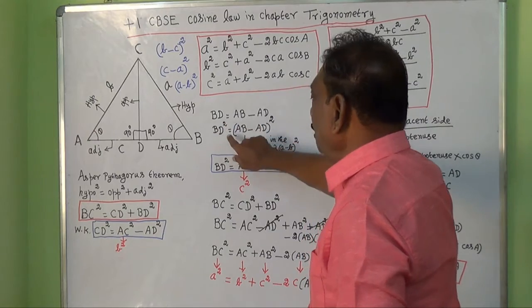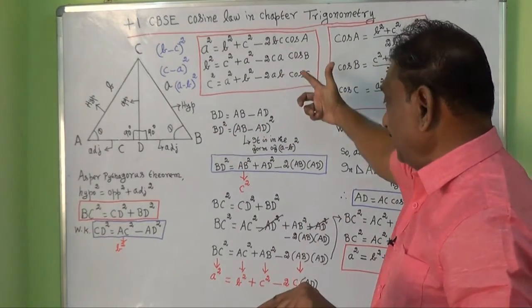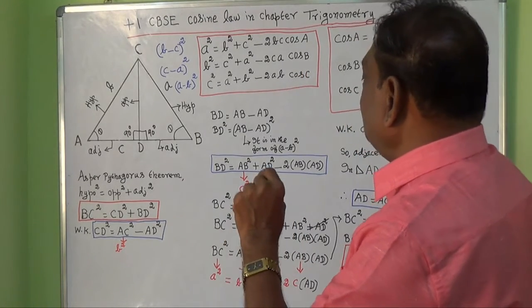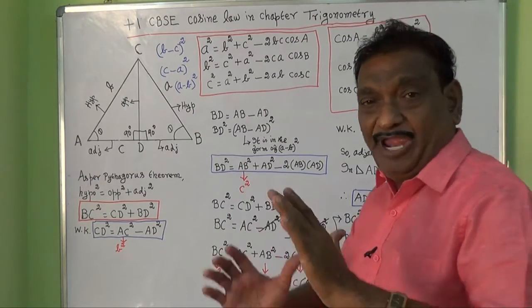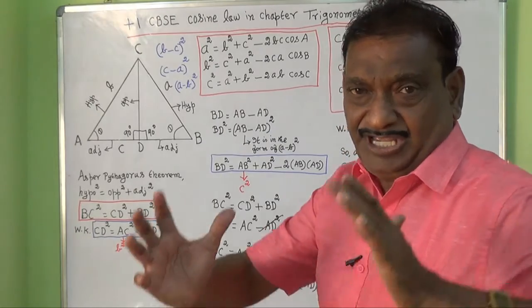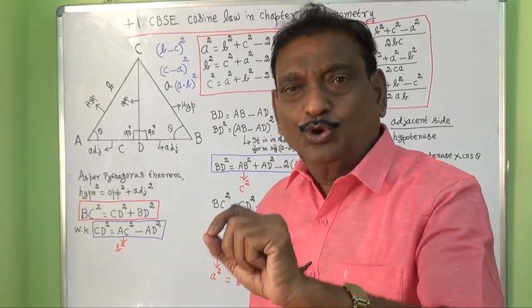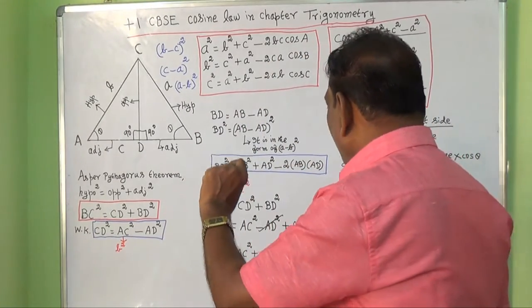The BD square equal to AB minus AD the whole square. On seeing this AB minus AD the whole square, it is in the form of a minus b the whole square. What is a minus b the whole square? A minus b the whole square equal to a square plus b square minus 2ab.